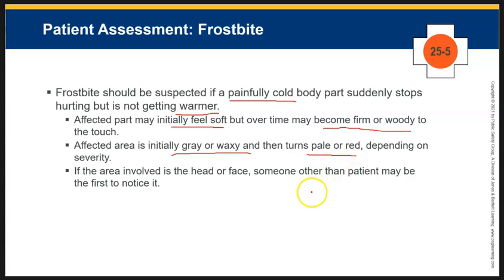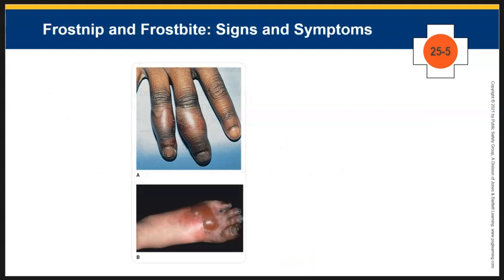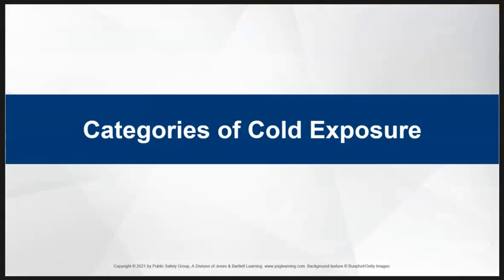If you can see it on someone's face or the tip of the nose or the ears, you may be the first person to see it before they notice it. Progression to deeper forms of frostbite often are accompanied by some blistering, and that's as the water in the tissues get moved into some of those interstitial spaces.